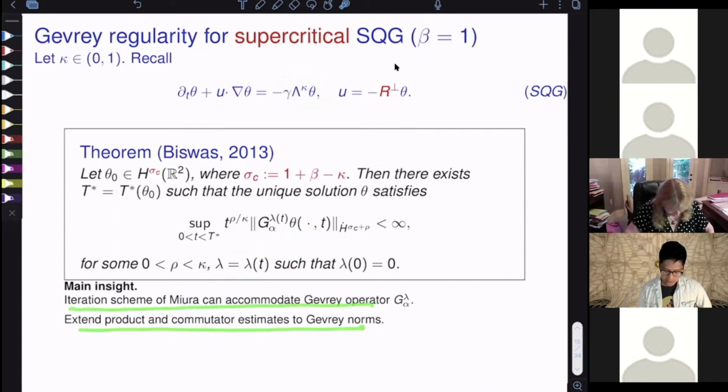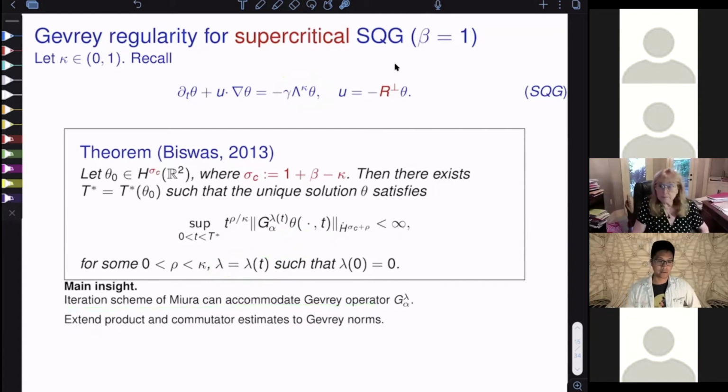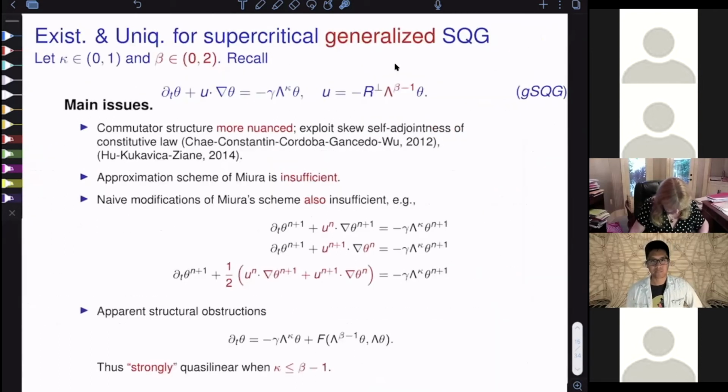So the point is that in this work, one just makes a priori estimates, but with respect to the Gevrey norms. So one would like to extend various product and commutator estimates to Gevrey norms, and this was successfully done in this paper.